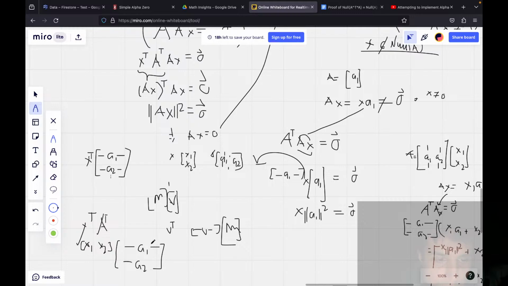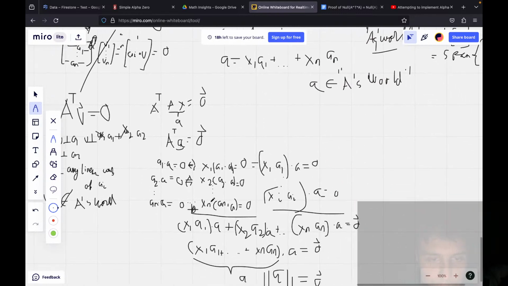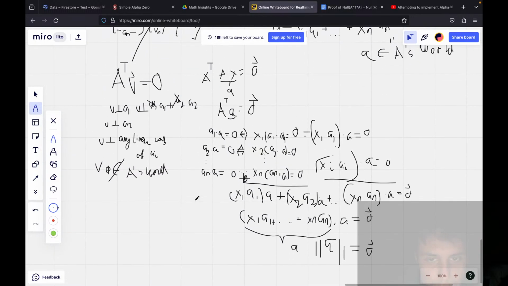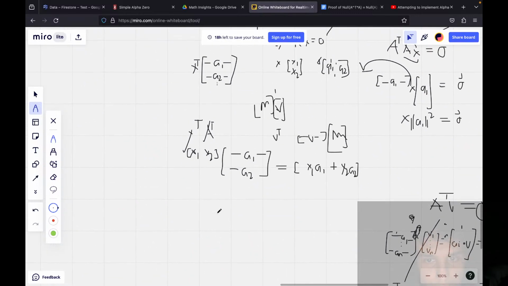If you actually work this out, it ends up weighting these rows, and this becomes x1 a1 plus x2 a2, which is precisely what my method was doing here. We were just weighting the ith vector ai by xi. That was the strategy.